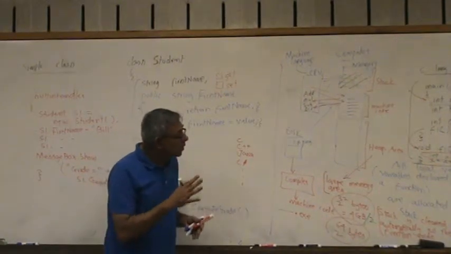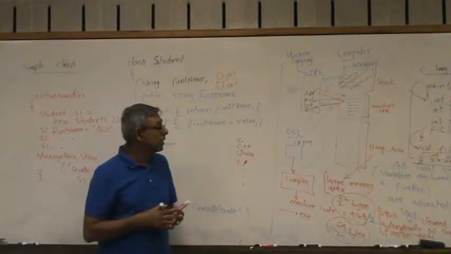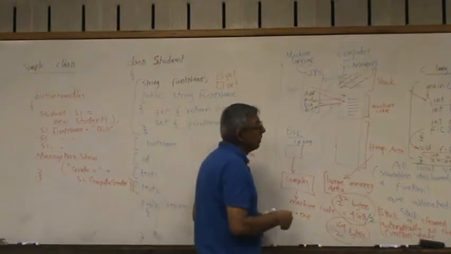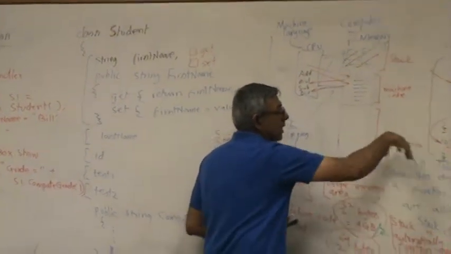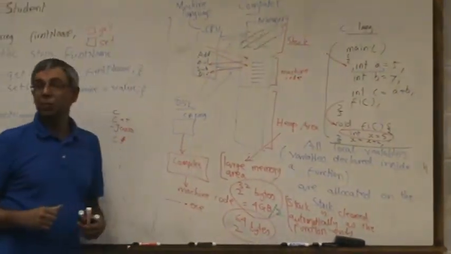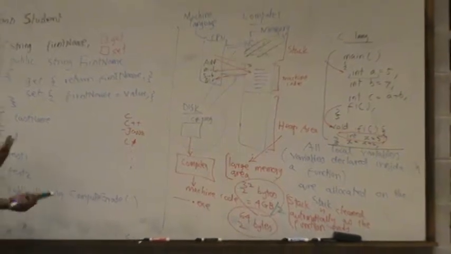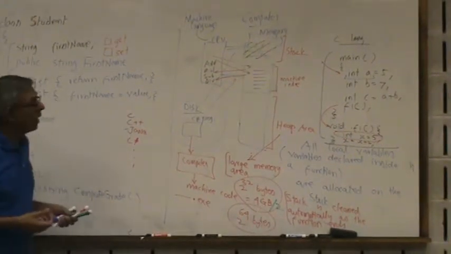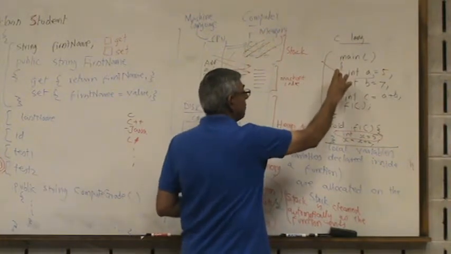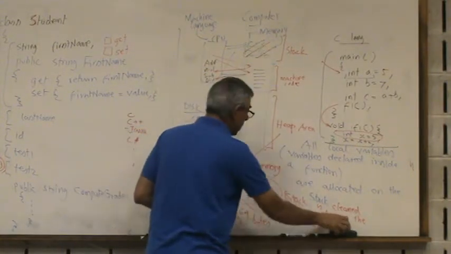So in short, if you can just remember one small thing, it is that if you want large memory as your program executes, you should use the heap area. Now, how do we use the heap area? What do we have to do so that the variable gets created over here?